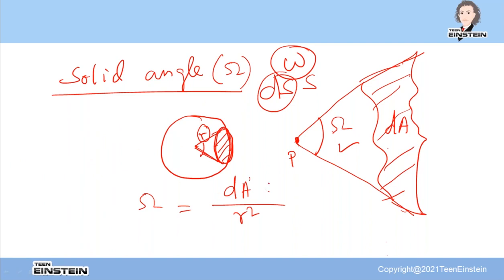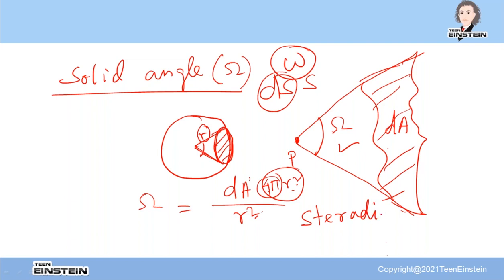Now, what is the unit for this? In this case also, this is 4 pi r square for a sphere, divided by r square. So 4 pi doesn't have any unit. It is a unitless quantity, but still we denote it. The linear angle was denoted by radian, and this will be denoted as steradian.